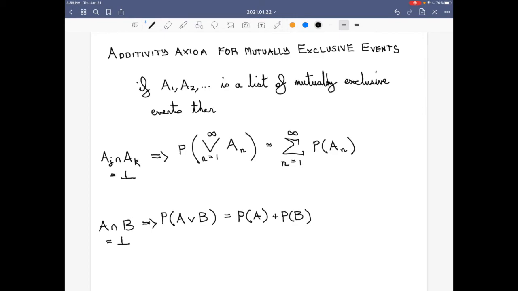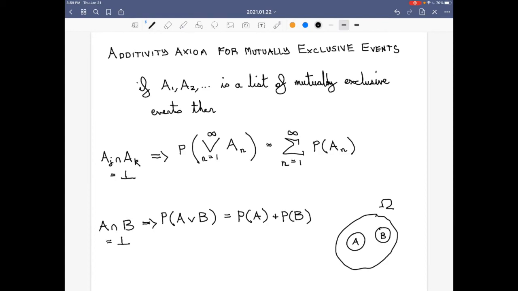One thing I could try to say to motivate why this is a good axiom is that if you're looking at a sample space, which let's call our sample space omega, and then you have 2 events which we're thinking of as subsets of our sample space.